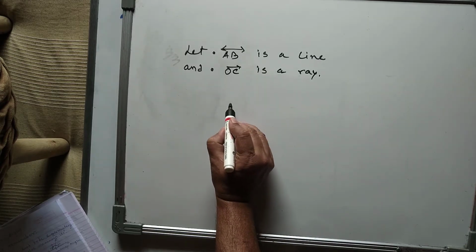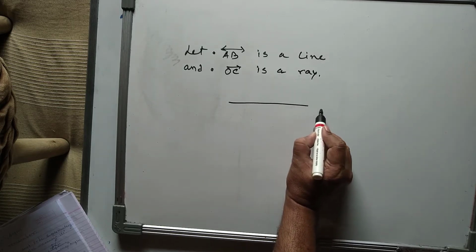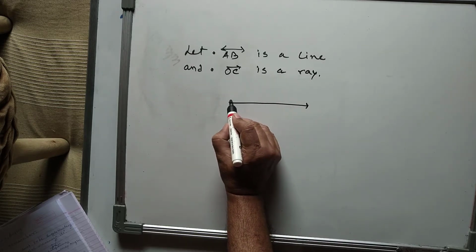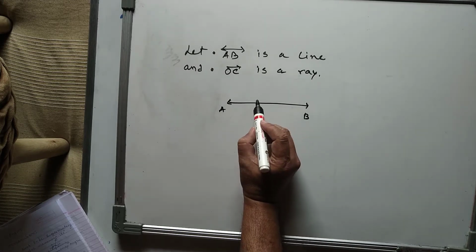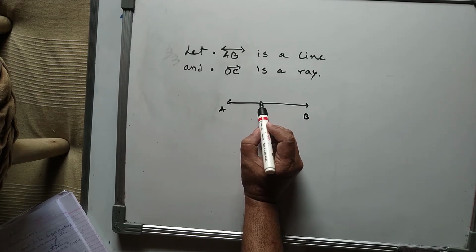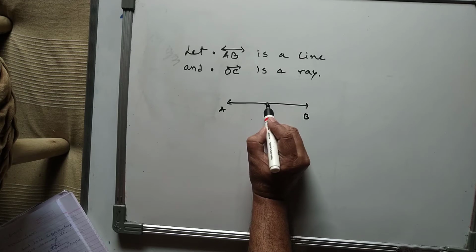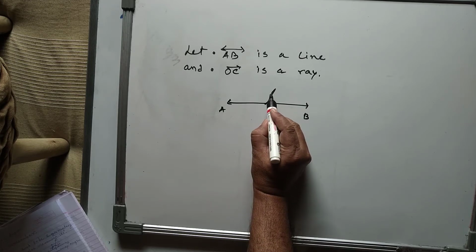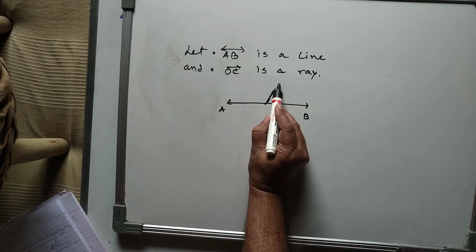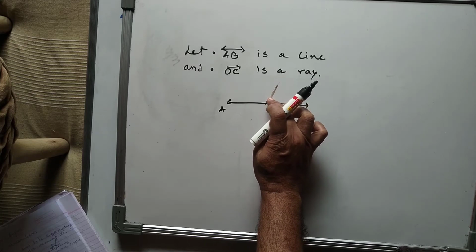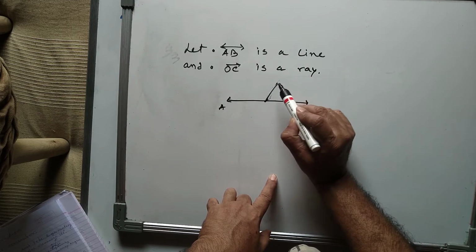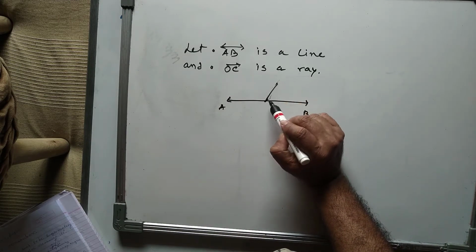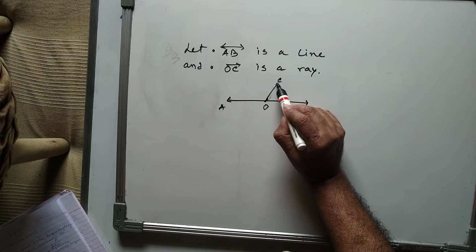So first I am drawing this AB, the line, and OC is a ray.